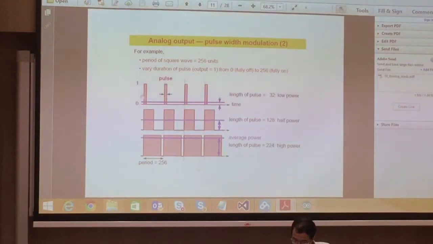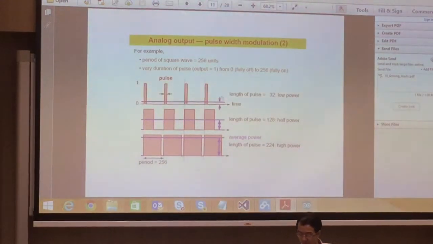For the first case here, the duty cycle is low, because the turn-on time is low, so your output voltage is low. For the second case, here is a 50% duty cycle, because it's 50% on and 50% off, so your average voltage value is half VDD.